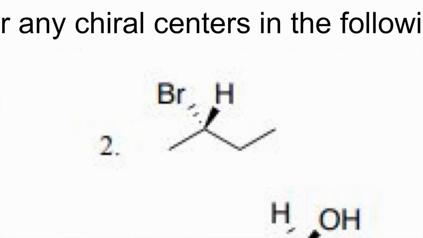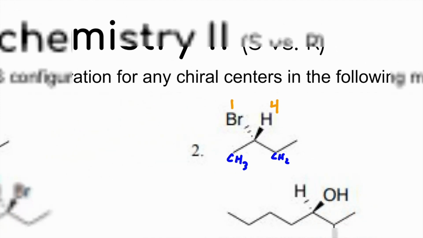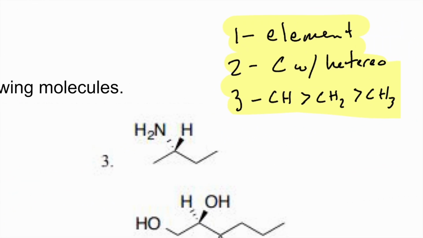So I always take my hydrogen and say that's 4, any element number 1. Okay? So then again, what you need to think about is what you're seeing. So this is a CH3, this is a CH2. And according to our priority, CH2s get the priority over CH3s.